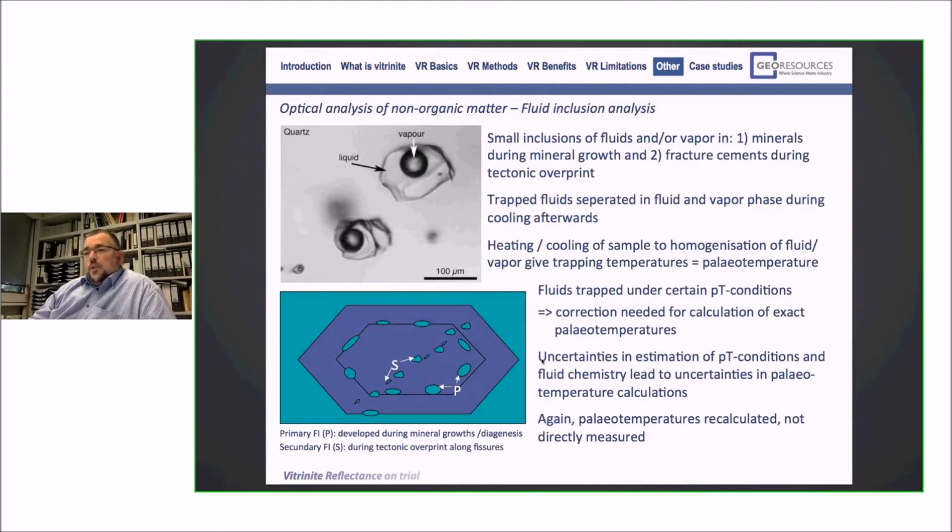This is very often not easy to do. There are certain uncertainties in the estimation of the PT conditions and the fluid chemistry, which again also leads to uncertainties in the paleo temperature calculations.